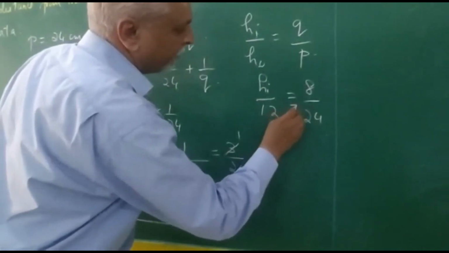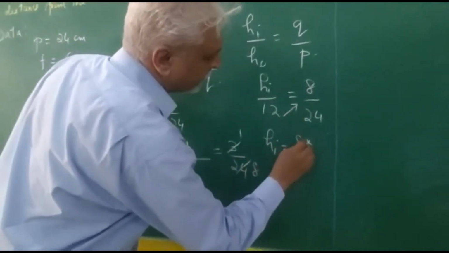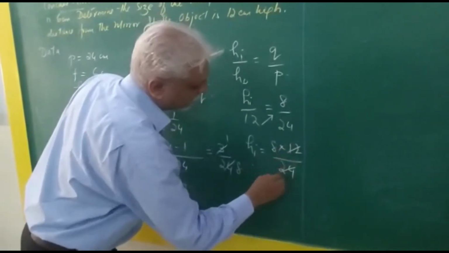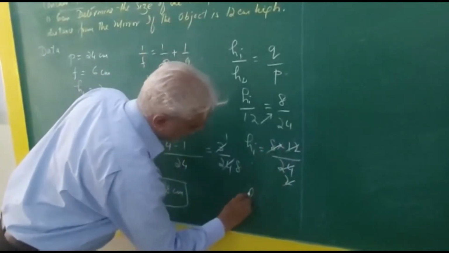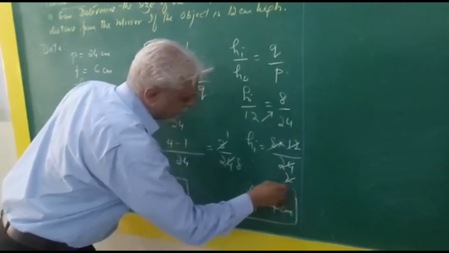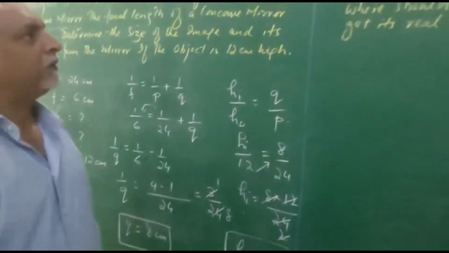So let's move 24 over here. Height of the image will be equal to 8 times 12 over 24. 12 2s are 24. So the height of the image is equal to 4 centimeter. This is the height or the size of the image.